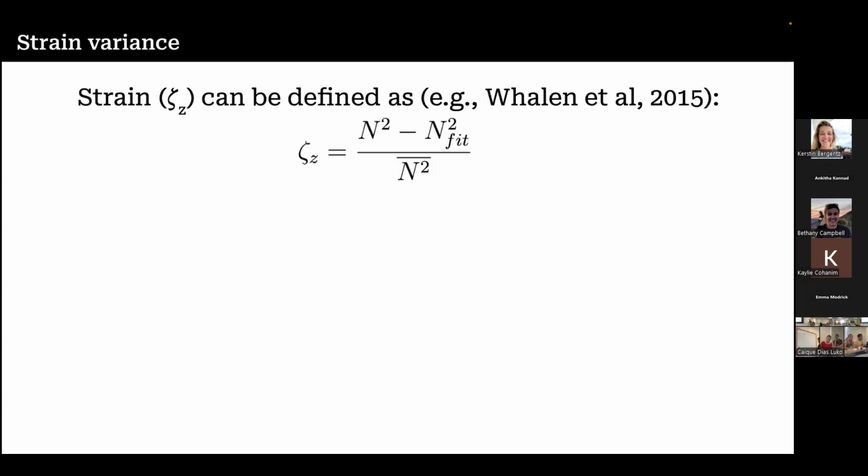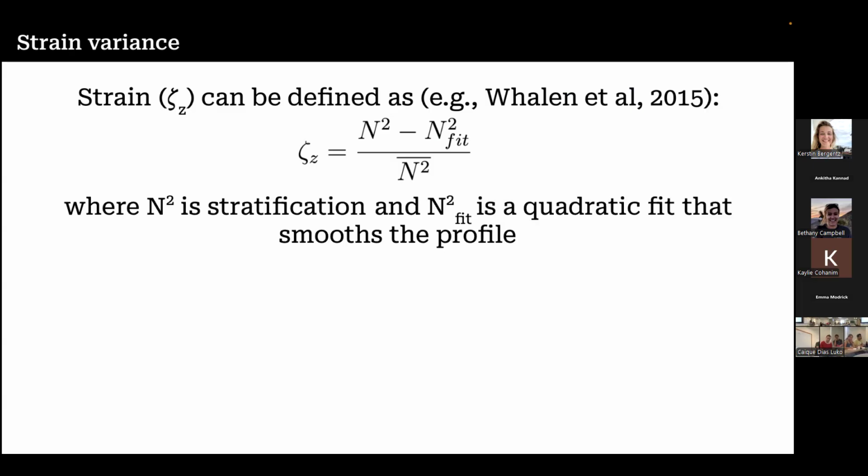In this case, the N² fit is a quadratic fit that just aims to smooth the N² profile. So basically the upper part of the equation, N² minus N² fit, is trying to get just the wiggles, separating the wiggles from the total profile. And then the N² bar is just an average of the N² fit.